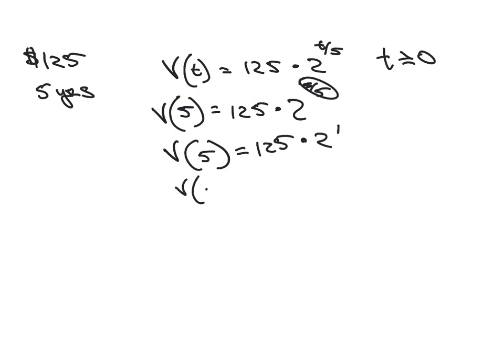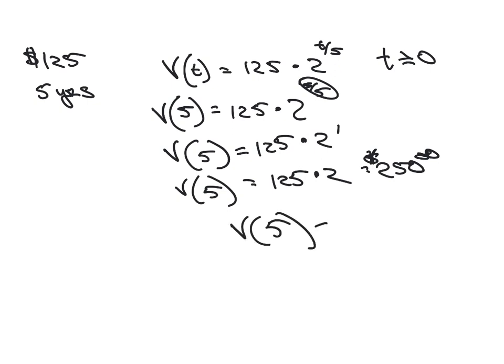So v of 5 is going to be 125 times 2, which is $250 at the end of 5 years. So v of 5 equals $250.